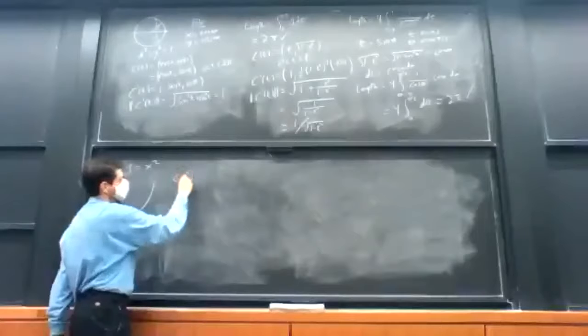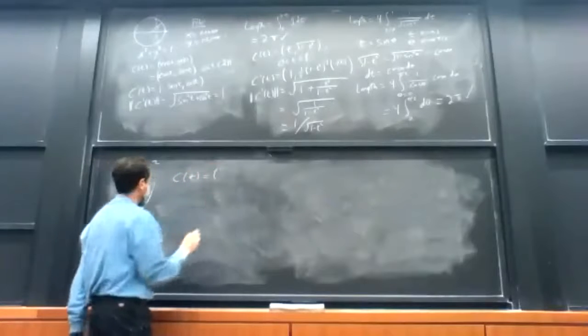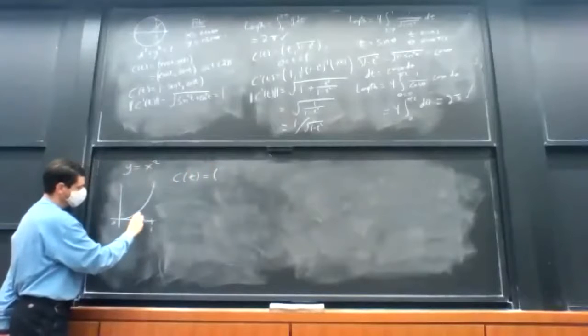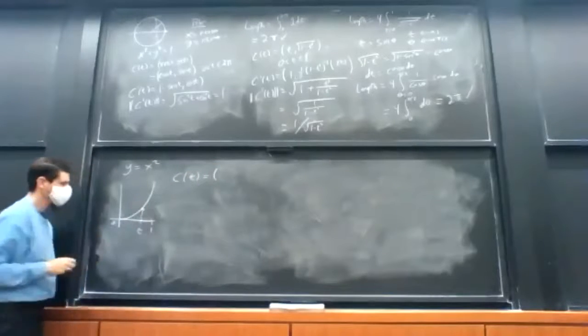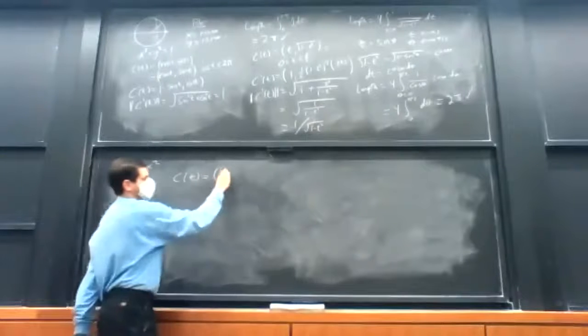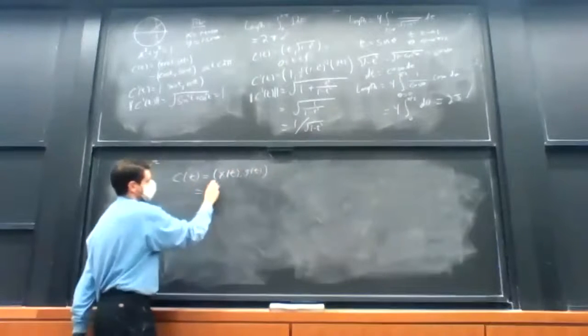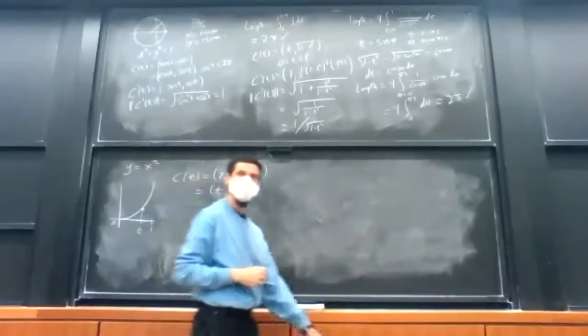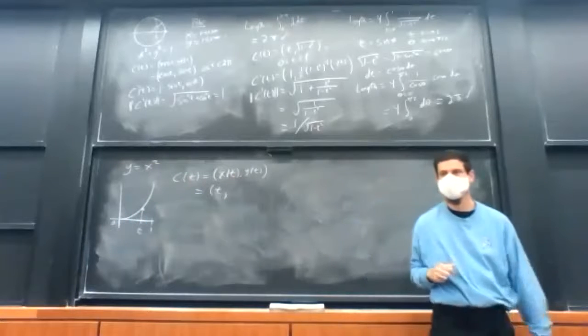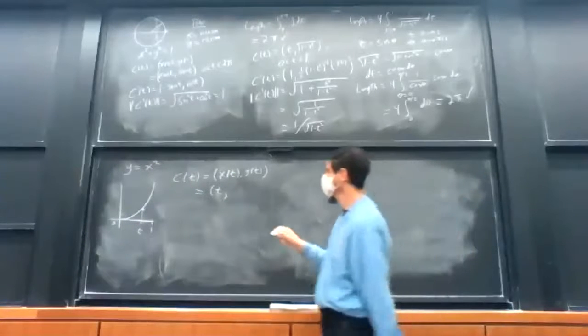So we need c of t. You give me a value of t, what would the corresponding value of y be? So it's x of t, y of t. If x of t is t, what's the value of y of t? t squared.